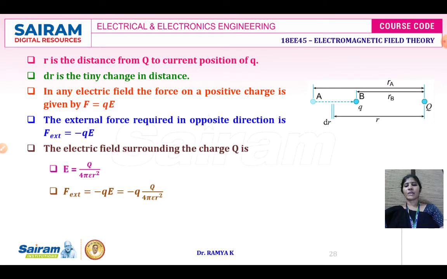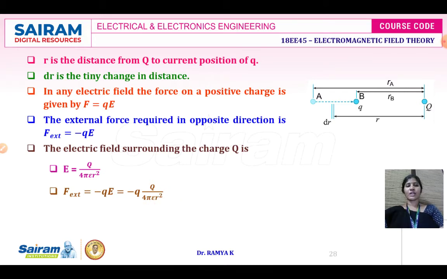Hence, we will get the applied force, where normally the force is equal to Q into E. In order to move the charge in the opposite direction, we have to apply an equal and opposite amount of force. Therefore, the applied external force is equal to minus Q into E, where E is the field due to the charge available at point B. It is going to be your point charge divided by the constant 4 pi epsilon into R square.